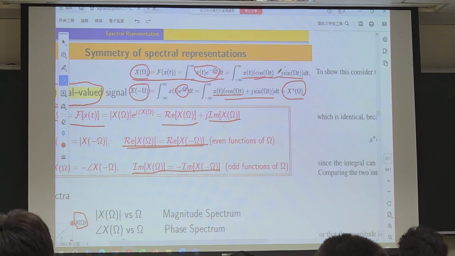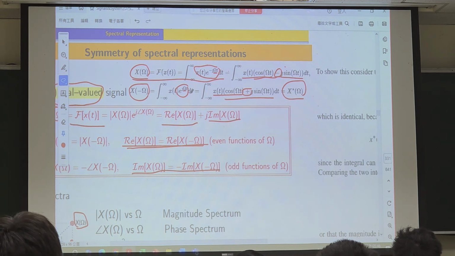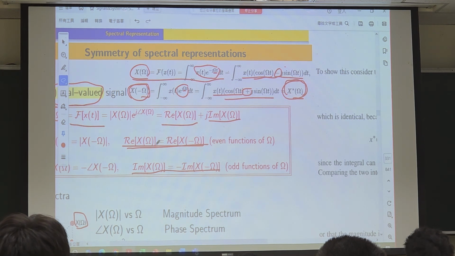The imaginary parts differ by the sign. Okay? And this is indeed the complex conjugate of this x of omega. Okay, so we have just proved that the complex conjugate of x of omega actually equals x of negative omega.